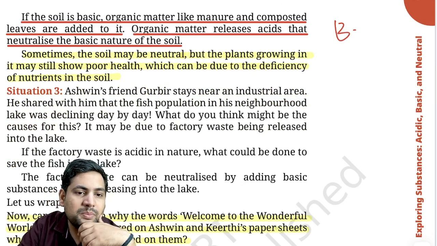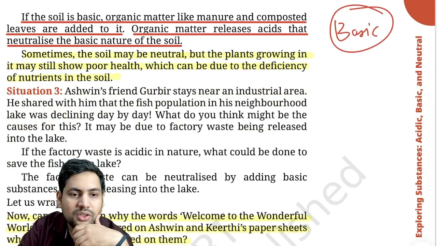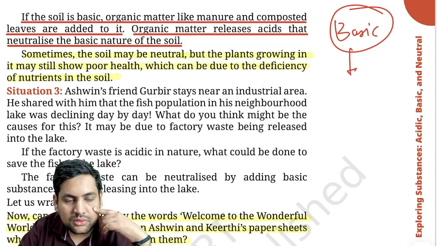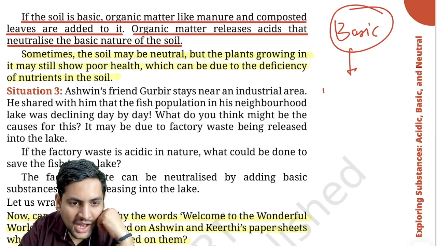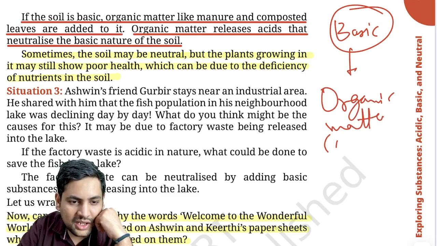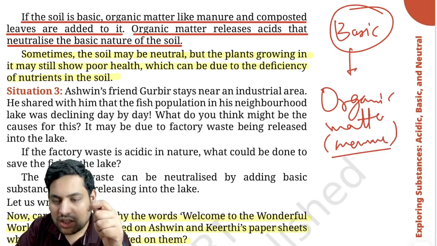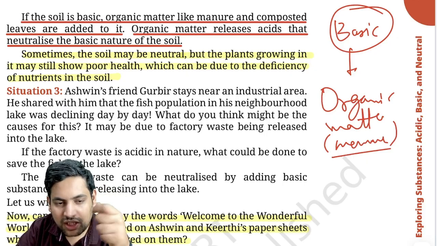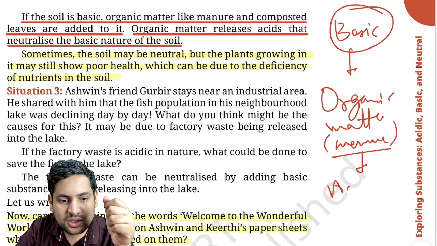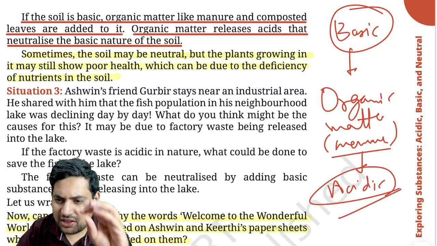Now if the soil is basic, what do you have to do? Basically, you can add any organic matter like manure. In manure there are bacteria which, when they eat parts of it, release small amounts of acids, or it is slightly acidic in nature in simple terms.